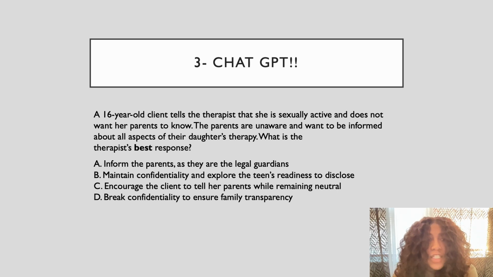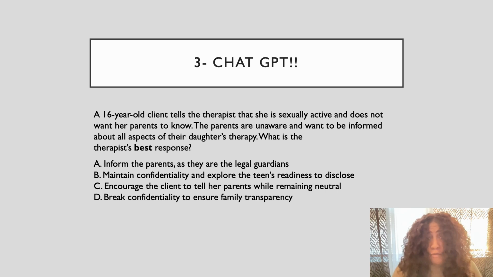C says, encourage the client to tell her parents while remaining neutral. Now, here is the thing. This is not you responding, because the girl done already told you she don't want her parents to know. So why are we encouraging her to tell her parents? And how are you going to remain neutral when she's already disclosed this to you?